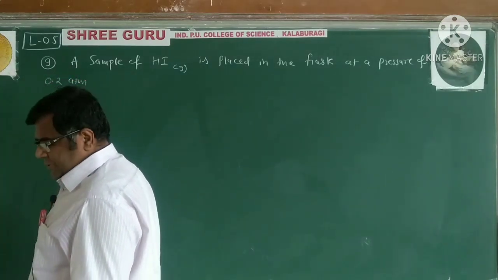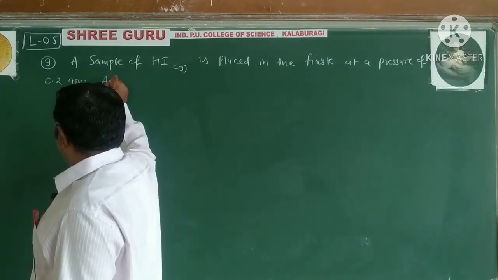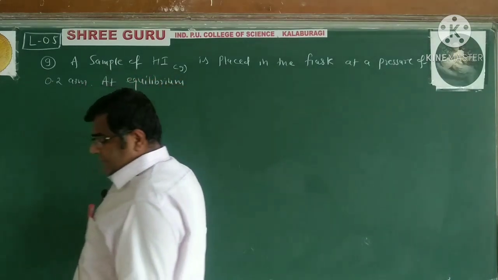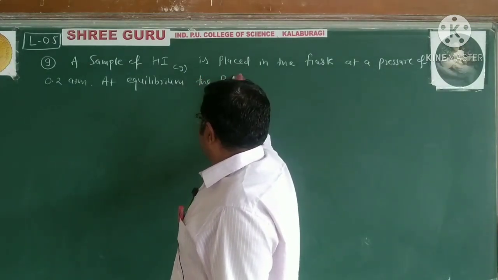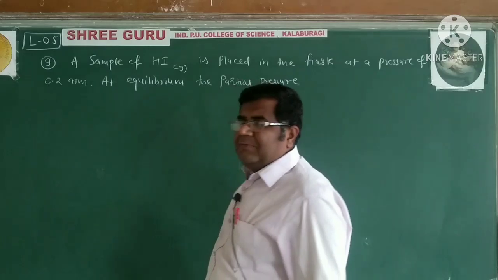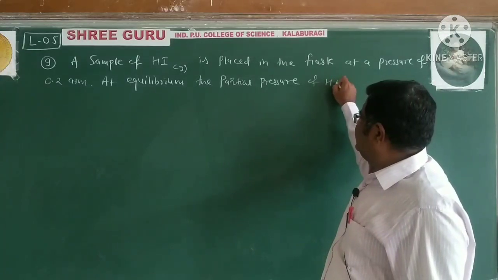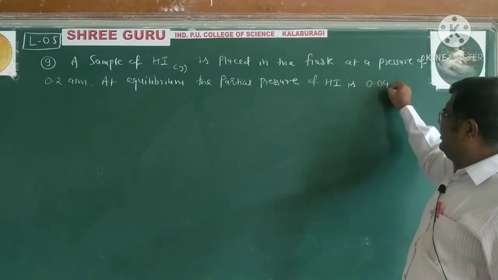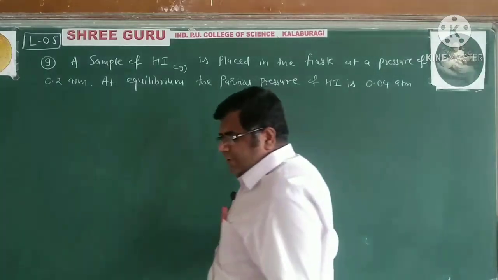At equilibrium, the partial pressure of hydrogen iodide is 0.04 atm. You will learn what we mean by partial pressure in states of matter. What is the Kc for the given equilibrium?